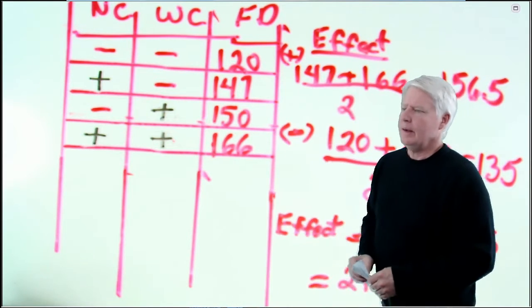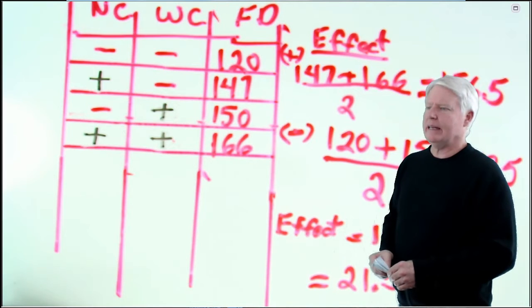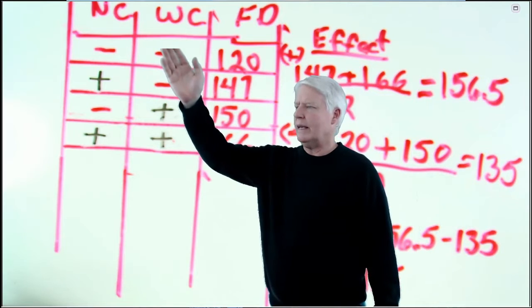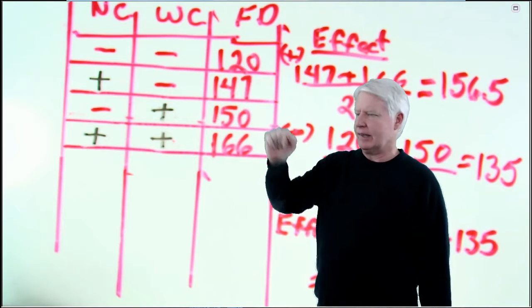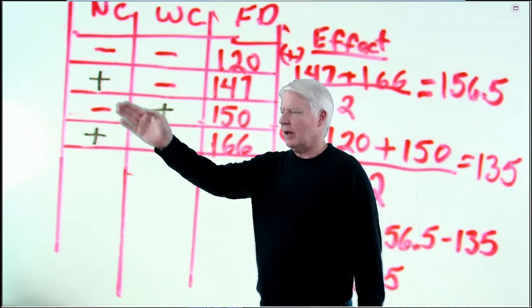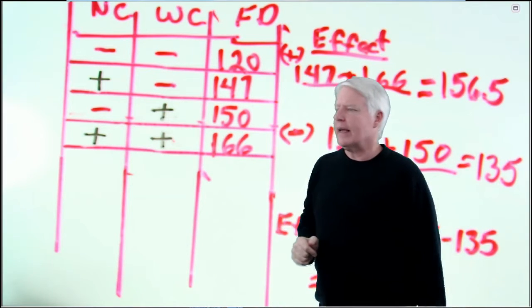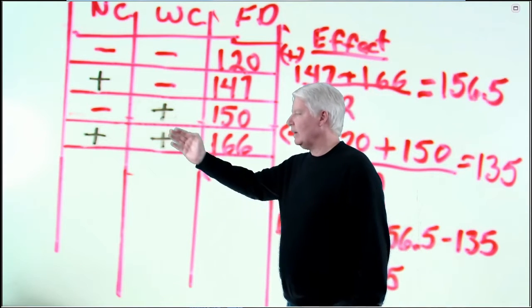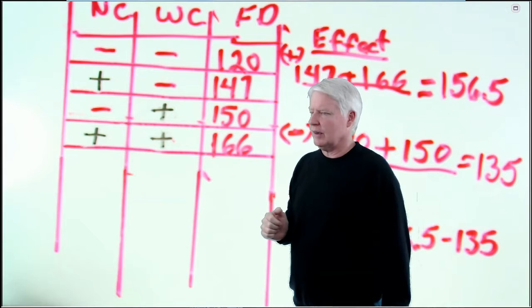Okay, so here's the experiment. I've written everything down, a little sloppy perhaps, but there's the nose condition, wing condition, and flight distance. Notice I've made the negatives red and the positives black so that I can identify those. The first thing I'm going to do is calculate the effect of the nose condition.